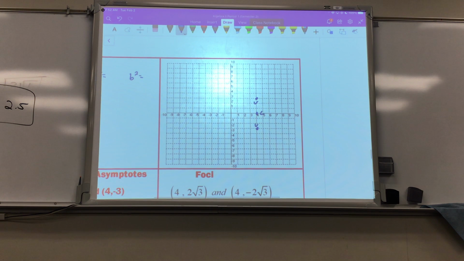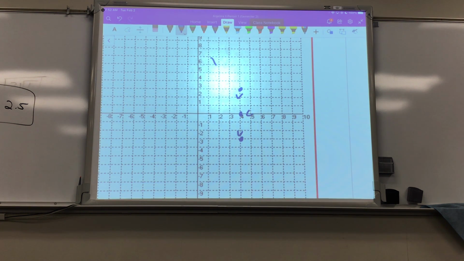Okay? So if our vertices are up and down from the center, that means it opens which way, Matt? Up and down. Since we're not actually graphing, I would just do a rough sketch to give me a visual that, yep, it should open up and down. Meaning, which variable comes first?